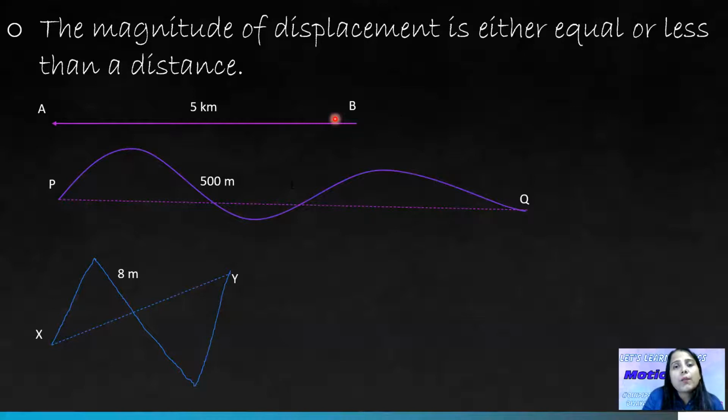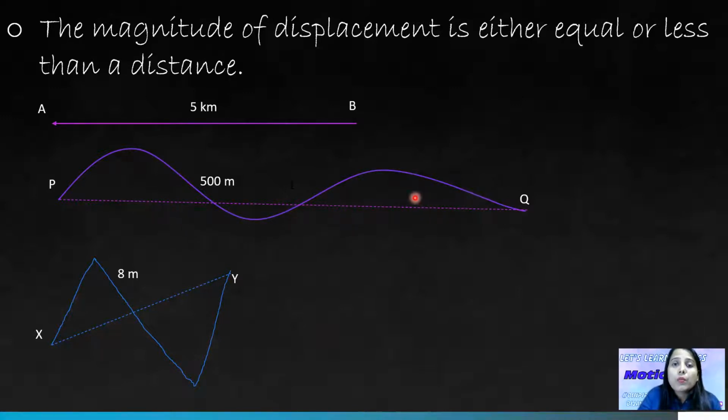Now, if a body covers a zigzag path or a curved path, then we get a shortest distance. There, the displacement becomes automatically lesser than the distance. Right? Like in cases 2 and 3. If it is a curved path, approximately, it's given here 500 meters. Now let's assume 500 meters. Now the distance is 500 meters. But is the displacement 500 meters? Do you think it will be 500 meters?